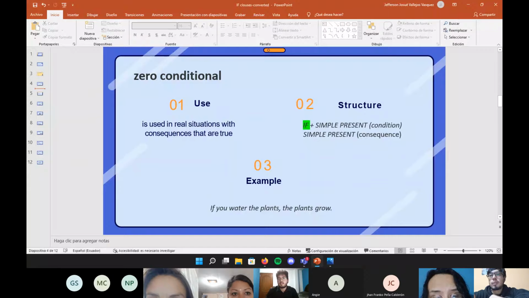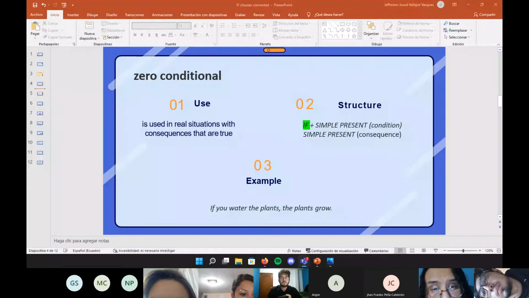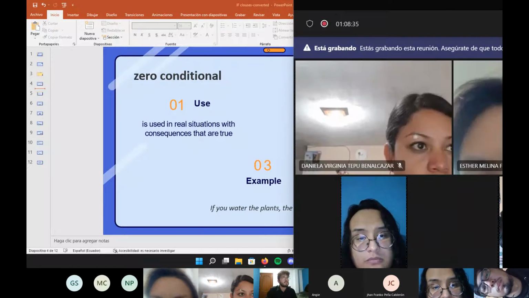For example, I can type if. Okay. Let's see the chat.